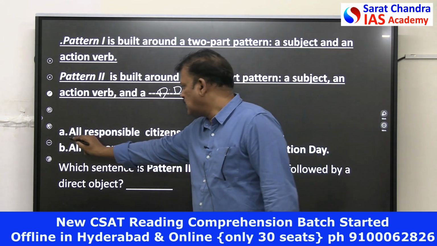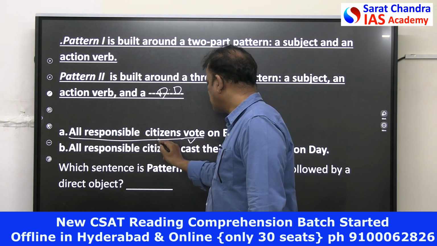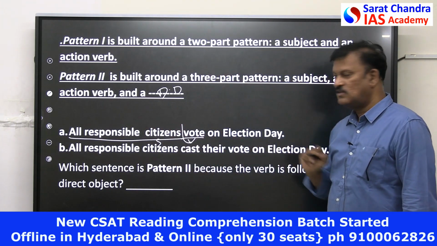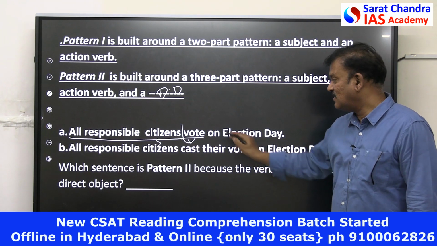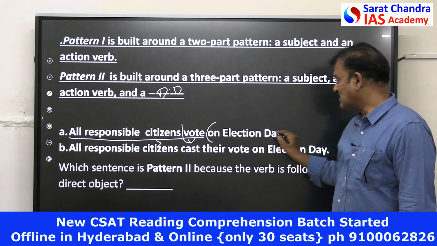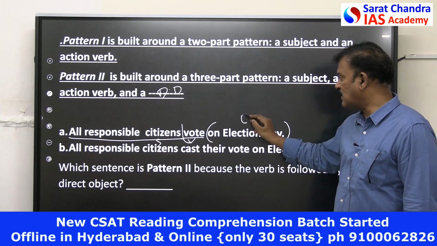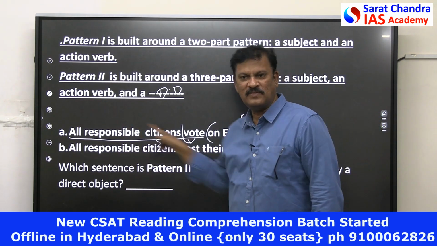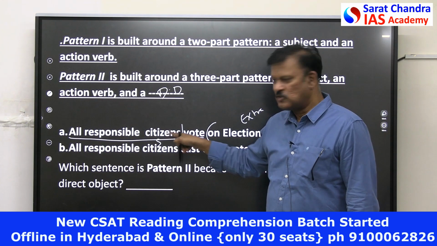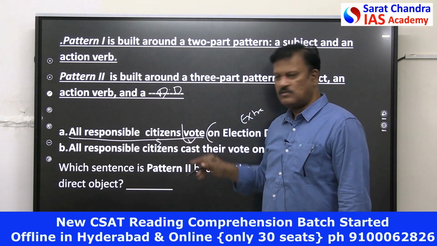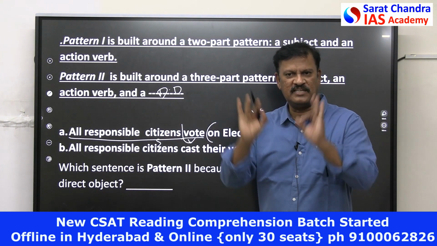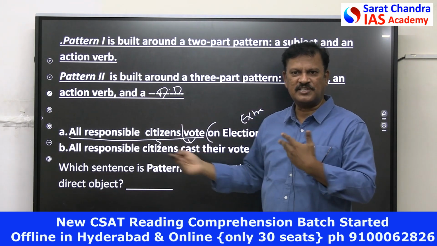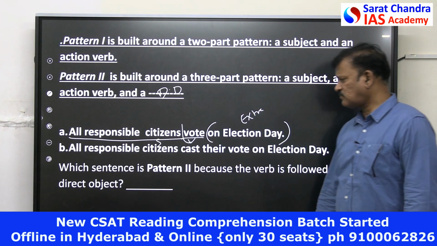Yes, so this is the subject. Now, who is the hero in these three words? So basically, SV, citizens vote. That is the major information. Other things are extra. Now go to the next one.